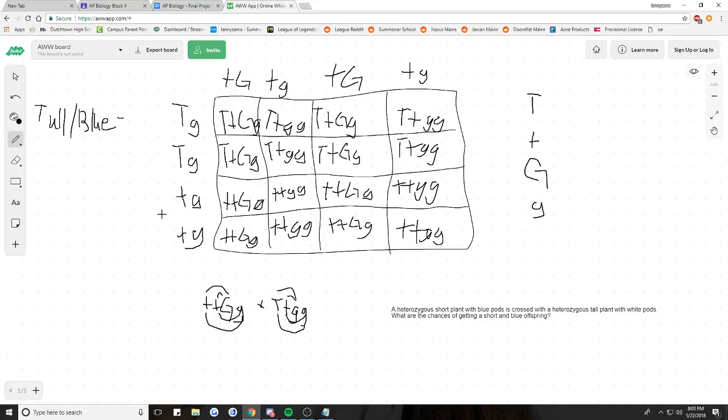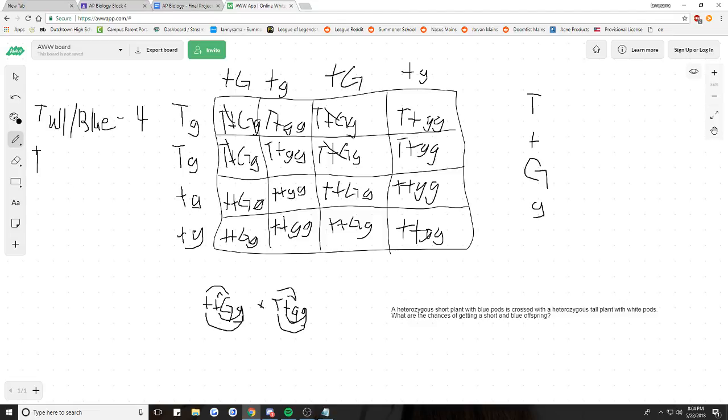And you'll simply count it up. So here's 1, here's 2, here's 3, and here's 4. There are 4 for the tall and blue ones.